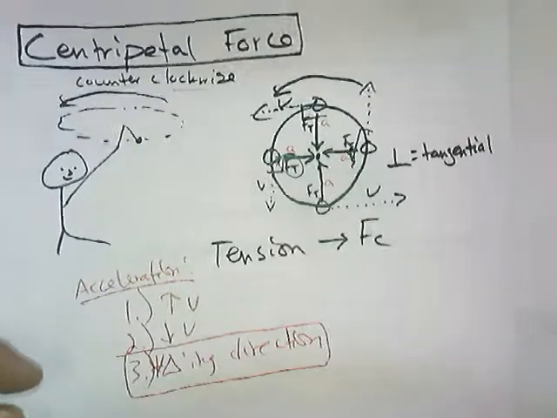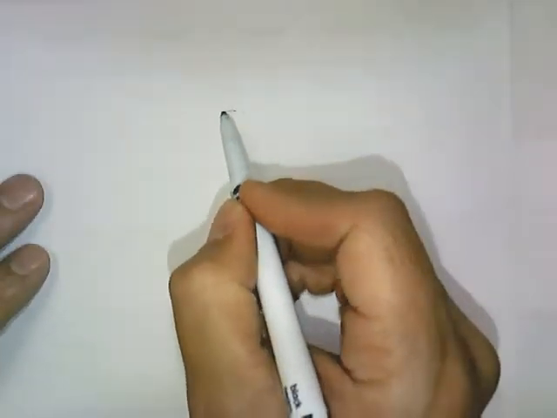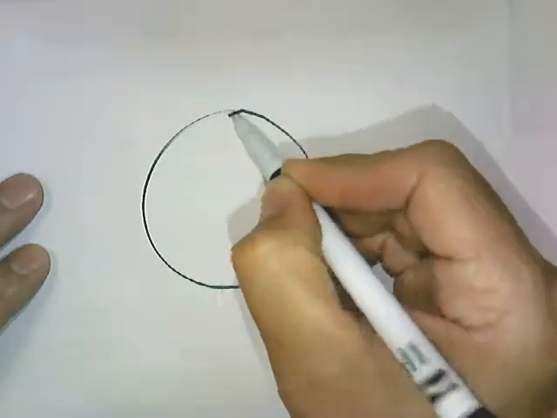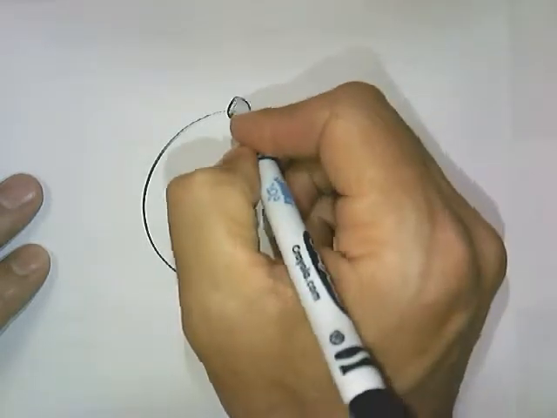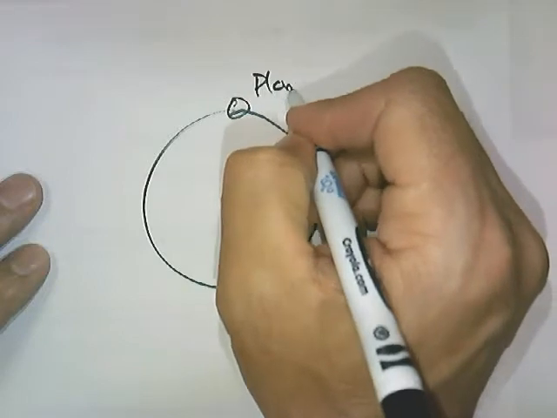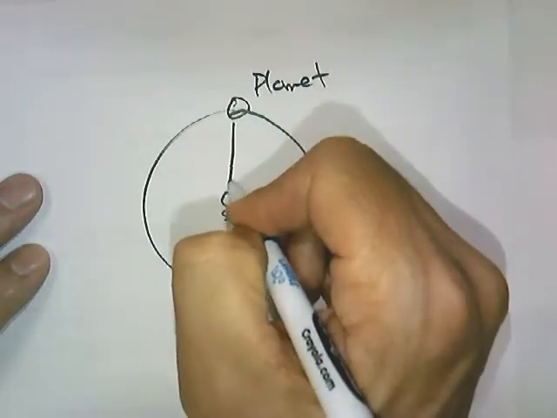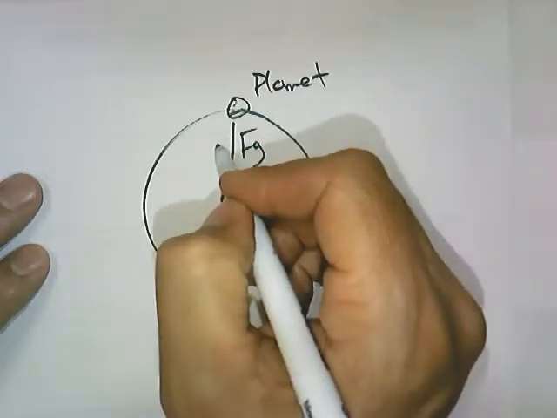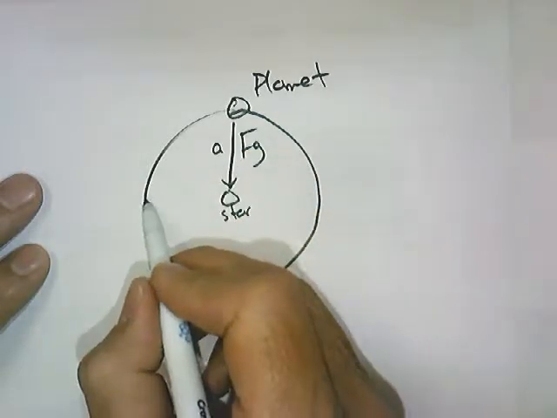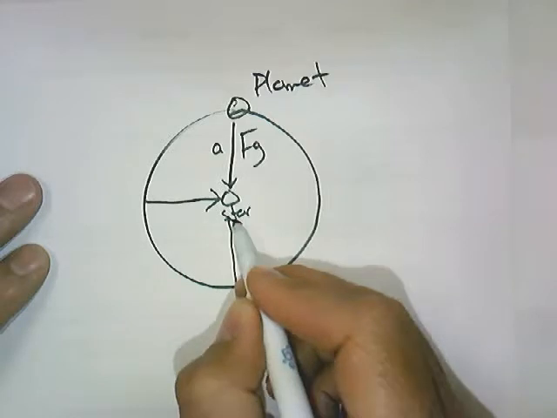So let's draw this and apply it a little differently. Let's say we're talking about a planet orbiting a star. Let's call this here a star, and here's a planet. In this case you have a net force, and this force would be the force of gravity. That planet is accelerating towards where the net force is located.